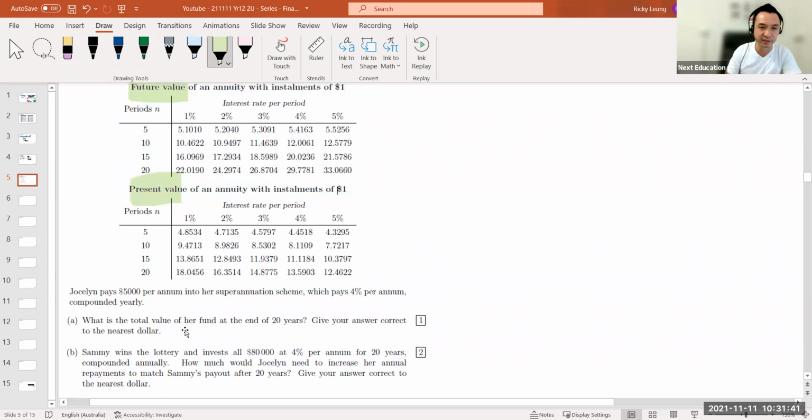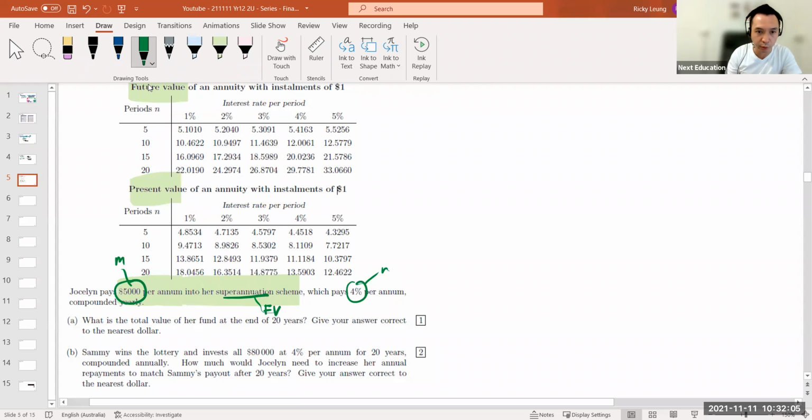Cool. So let's see. Jocelyn pays 5,000 per annum into a superannuation scheme. Sounds like she's saving here. So that is M. Super sounds like future value. 4%.